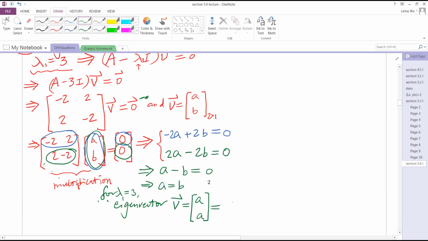And you can pull out the a, because a is just a scalar. Basically, it's just going to be a vector 1, 1. That's right?